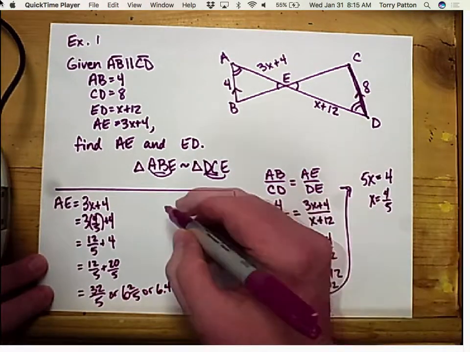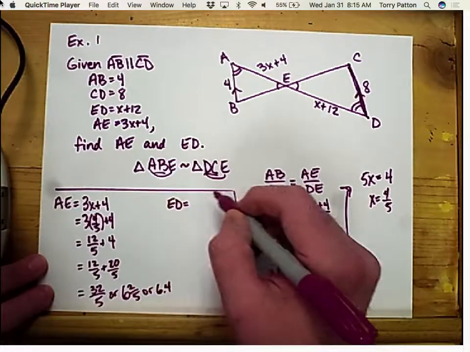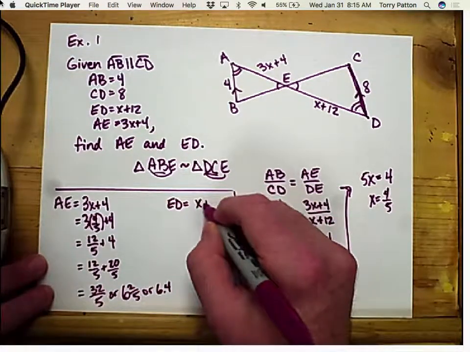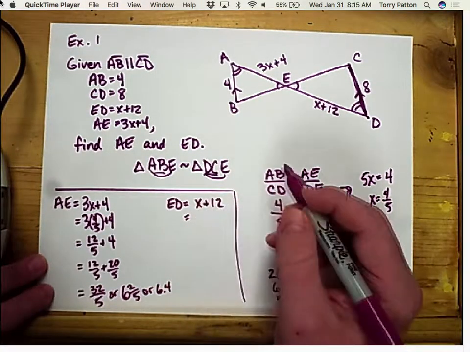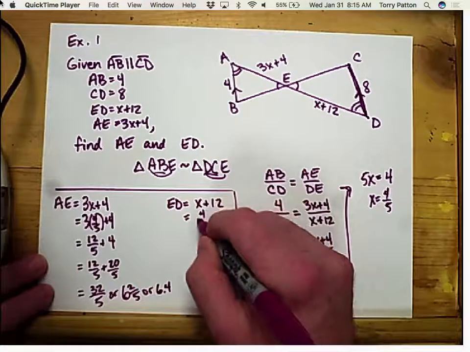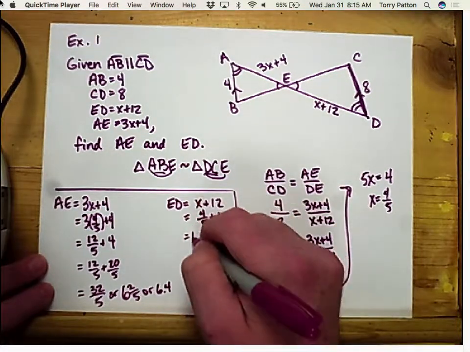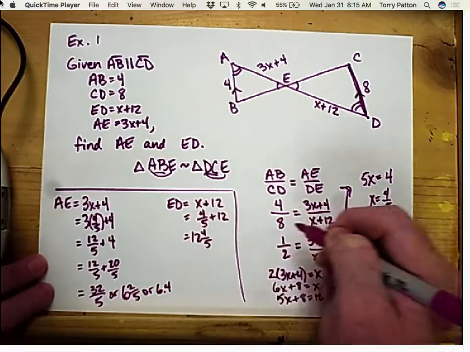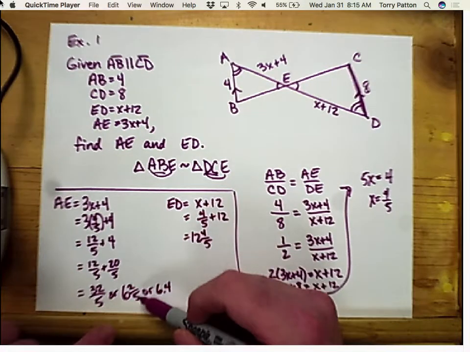Okay? For ED, it is x plus 12, which is 4/5 plus 12, which easy enough is 12 4/5. Okay? Which is, we needed it to be double.